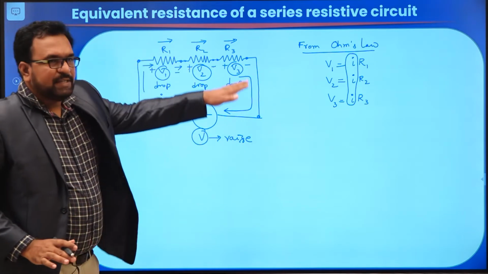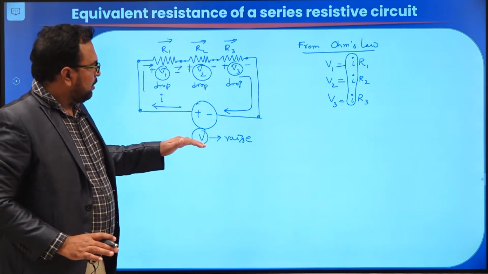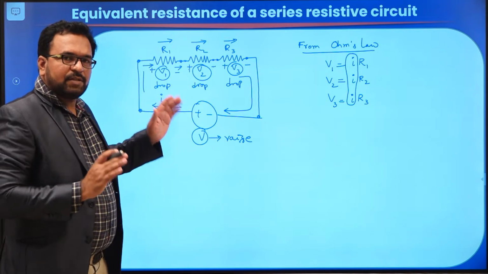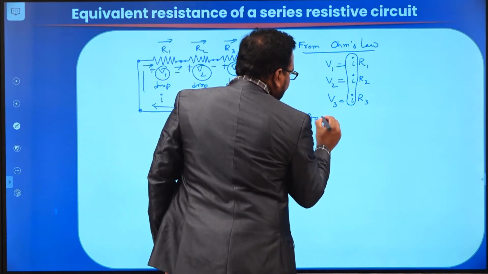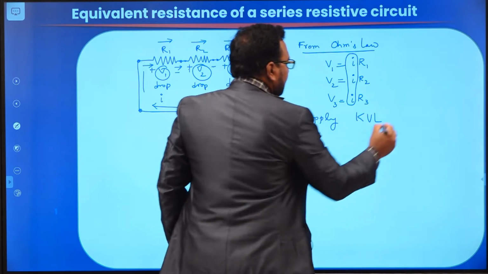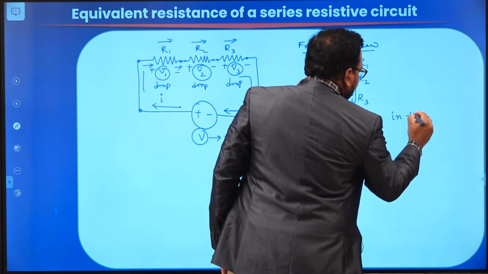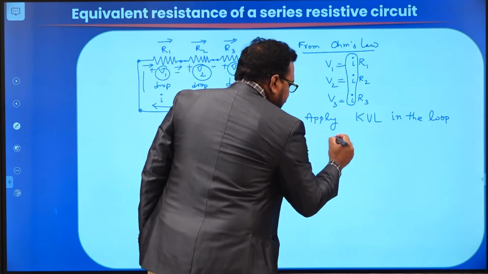Since there are 4 elements involved here and there are 4 voltages, and we know which voltage is rising and which voltage is dropping, now apply KVL. Apply KVL in the loop. Now, what is KVL?